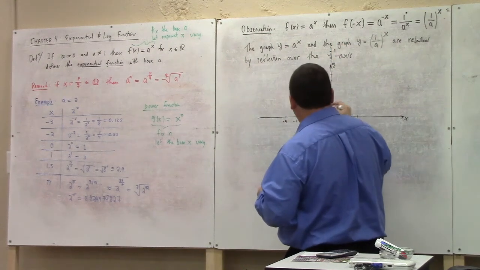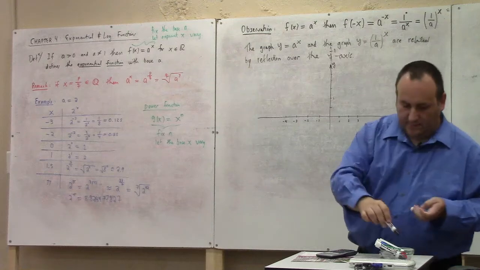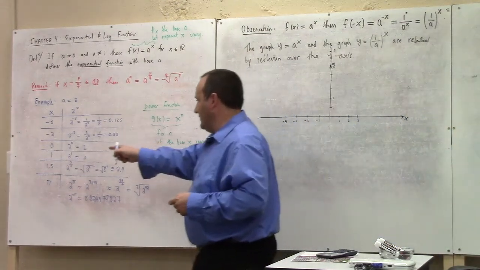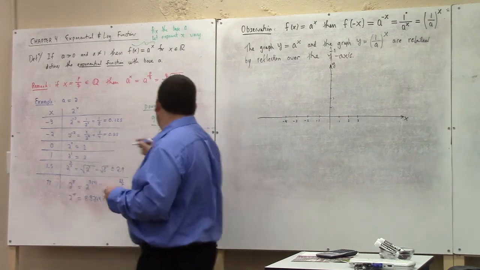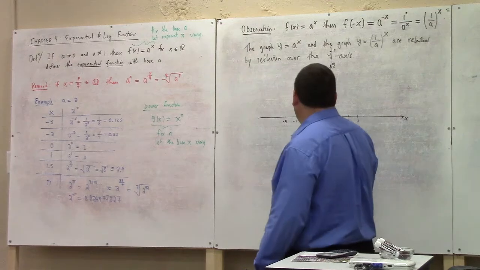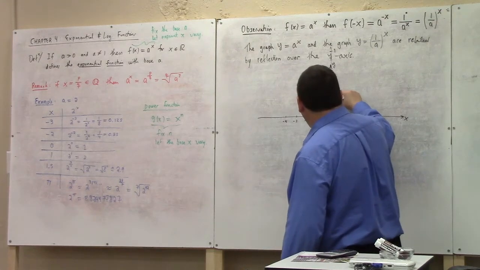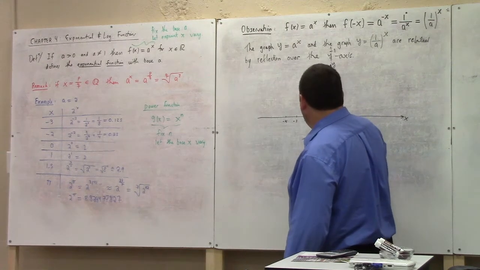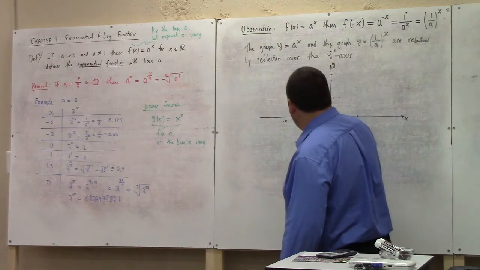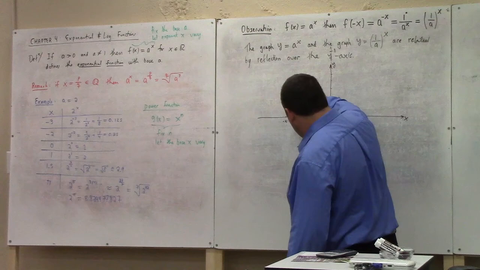Where's the y-intercept for 2 to the x? It's at 1, so 0, 1. When we get to 1, we're at 2. When we're at minus 1, we're at a half. At minus 2, we're at a quarter. At minus 3, we're at an eighth.